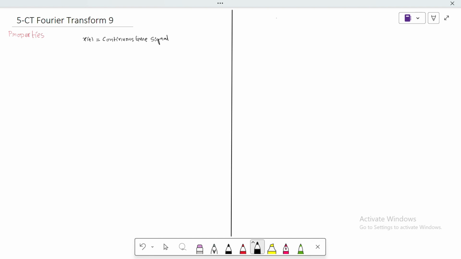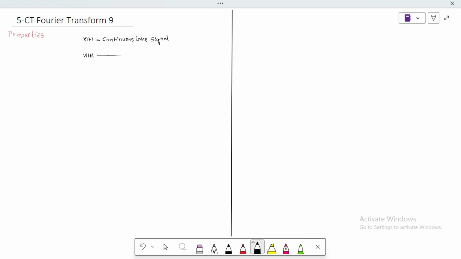It is an aperiodic signal. You know that the Fourier transform is applicable for aperiodic signals, which means the Fourier transform is also applicable for periodic signals too. The aperiodic is a special case. So this is x of t.